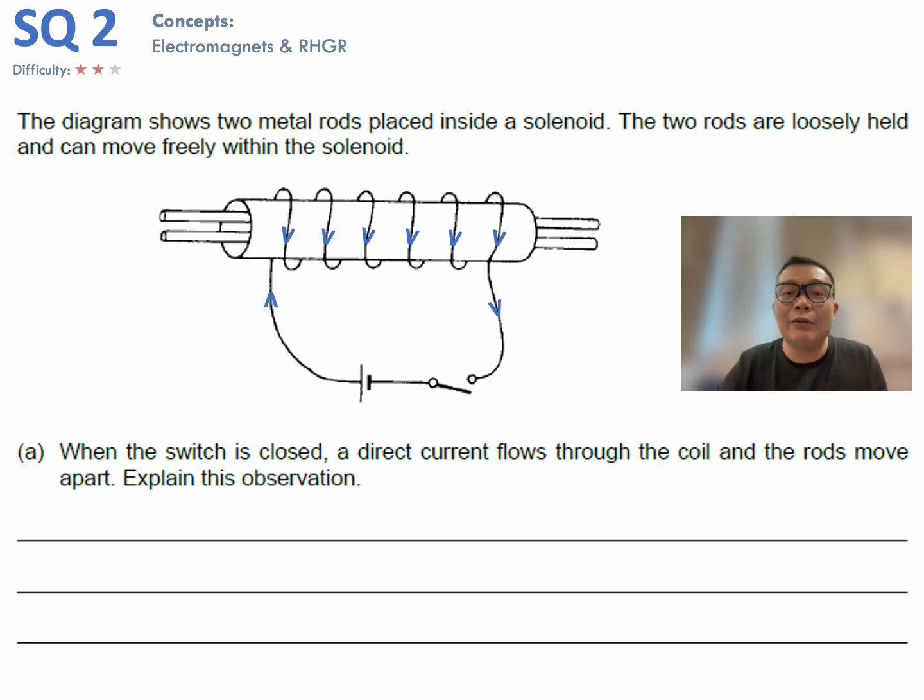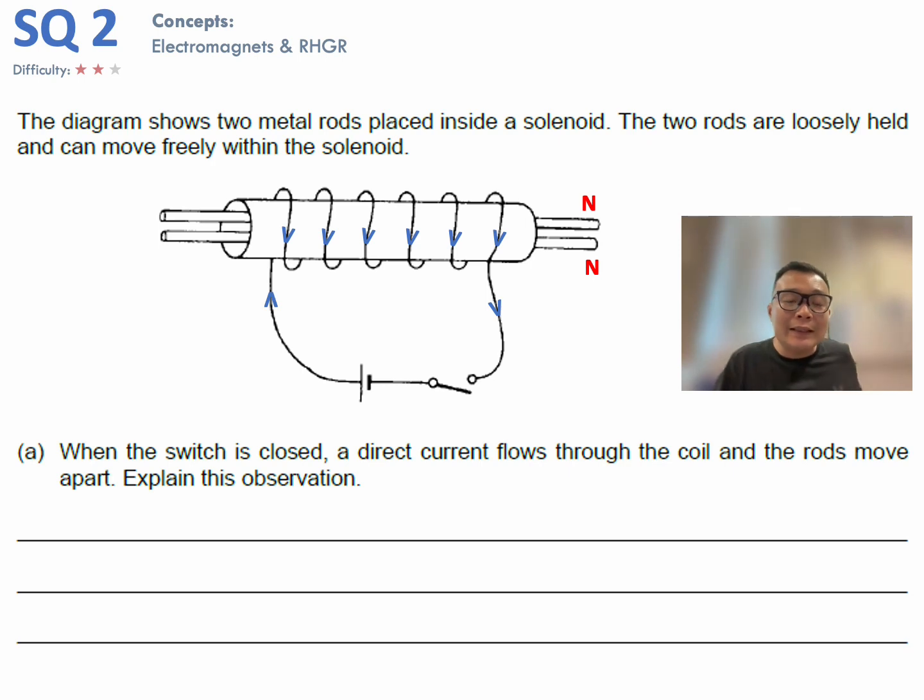Now, applying our right hand grip rule by letting the curvature of our fingers represent how current will flow in the solenoid, we realize that our right thumb is actually pointing towards the right side of the screen.